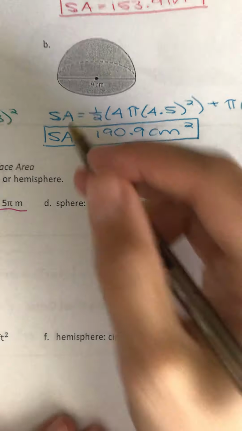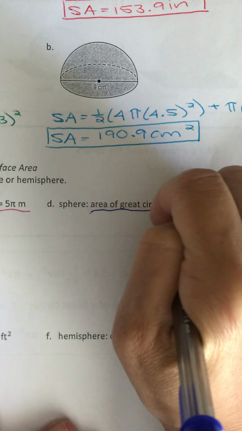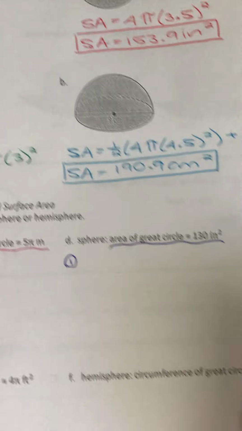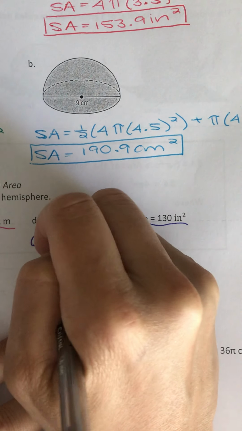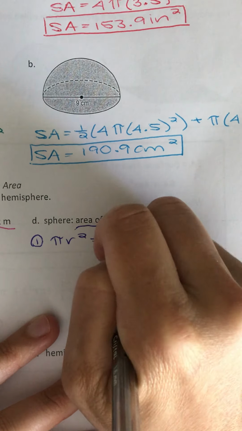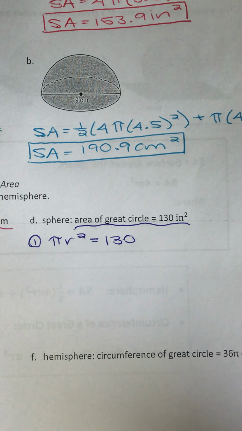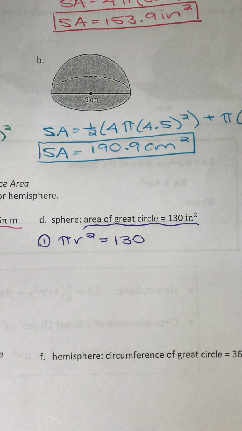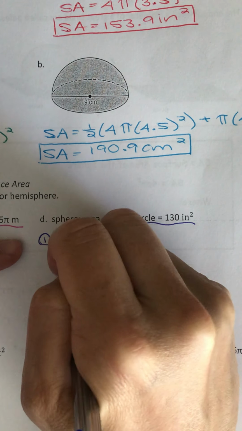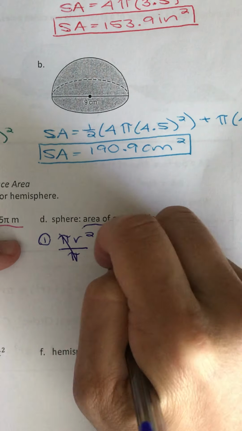All right, so now I have area of a great circle, which if I flip to the front is pi r squared. So I'm going to set pi r squared equal to 130. So if I want to get r alone, the first thing I'm going to do is divide both sides by pi.